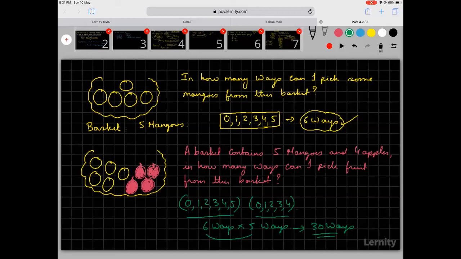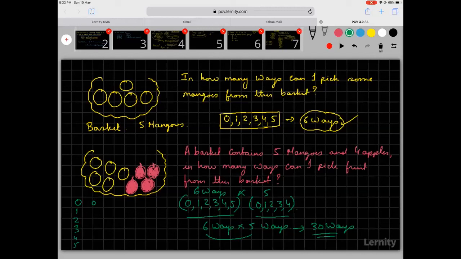I could do something with the mangoes, that I have six ways of choosing the mangoes. Then I have 5 ways of choosing the apples, and I can do this and this because I can take the whole basket. I can just leave one for you and take the rest. Then I can take 0 of each is one way.